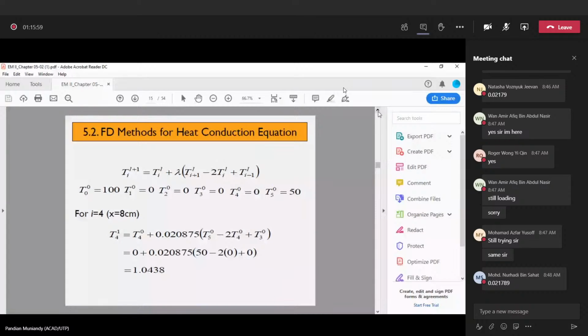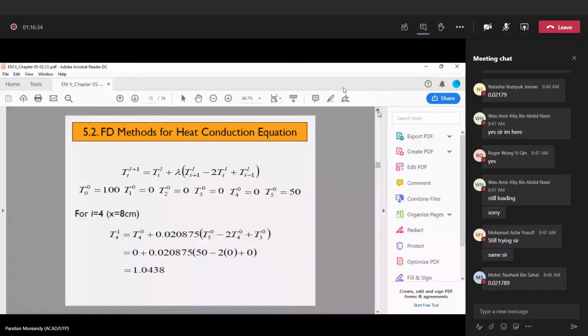So I repeat: T superscript 2, subscript 4 on the left-hand side. This is at I4, at x equals 8 cm. T superscript 2 subscript 4 equals T superscript 1 subscript 4 plus 0.020875 in the bracket T superscript 1 subscript 5 minus 2 T superscript 1 subscript 4 plus T superscript 1 subscript 3, I minus 1, I is 4.